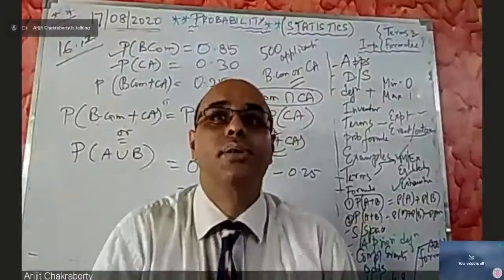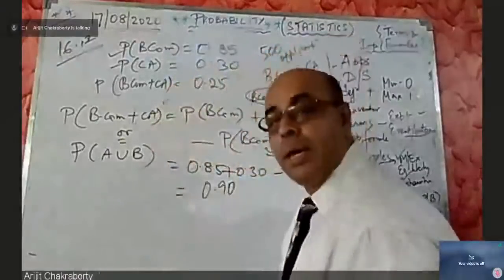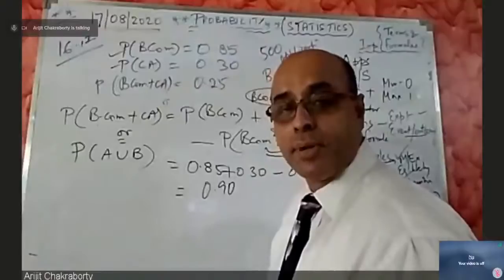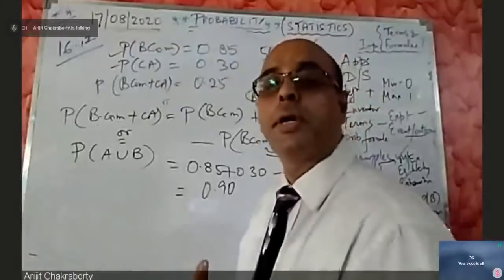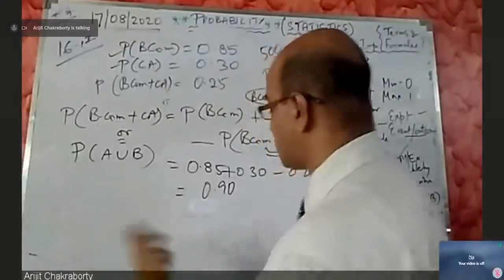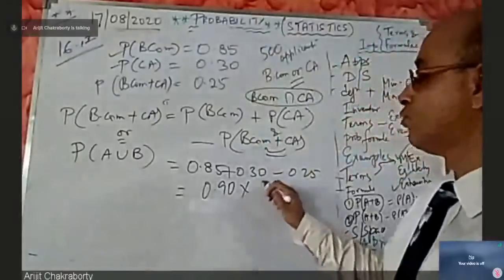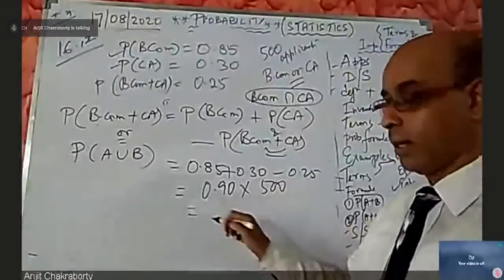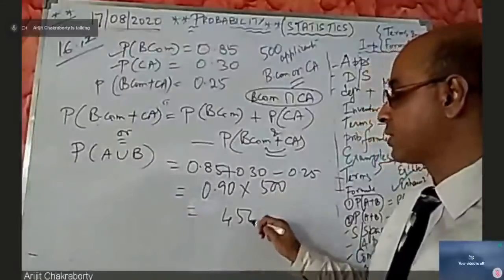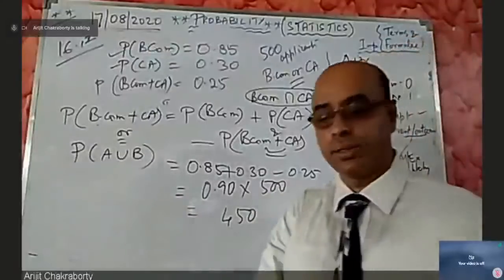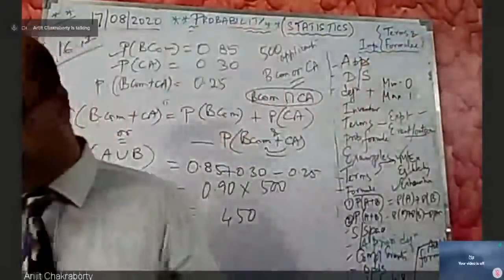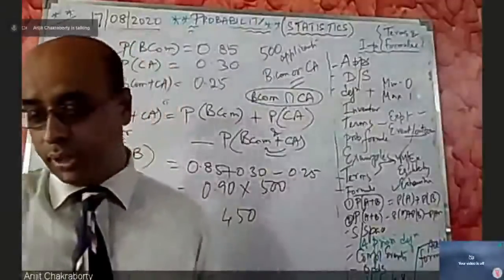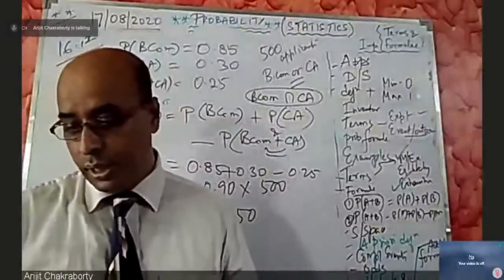So the frequency out of 500 candidates that the person is either a BCom or a CA will be 0.90 into 500 candidates. So it comes to 450 candidates. The answer is 450, the expected frequency. So this is 16.12. Fine.